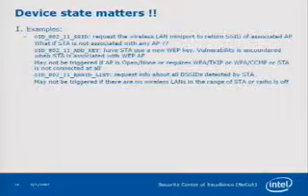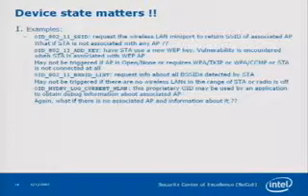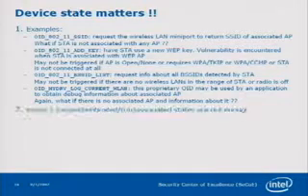So the vulnerability, even if it exists, may not be triggered if there are no wireless LANs in the range of the station or the radio is off. Then the driver may support a proprietary object identifier, for example MyDRV log current WLAN, used by an application to obtain debug information about the associated access point. Again, what if the station is not associated with any access point? The vulnerability is not triggered.